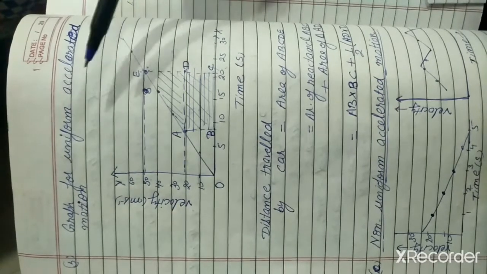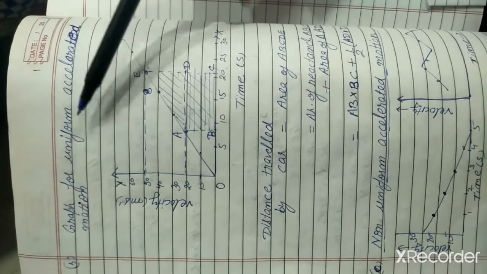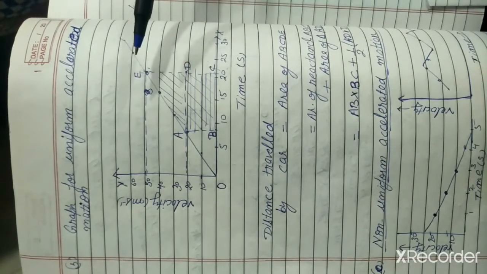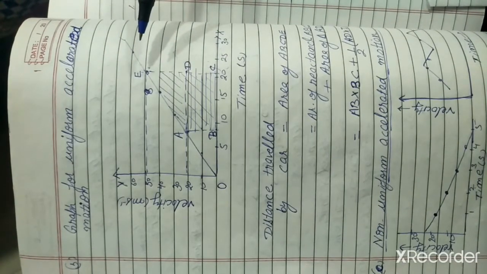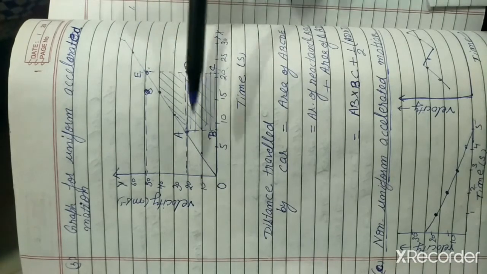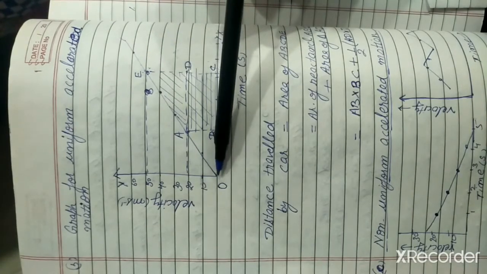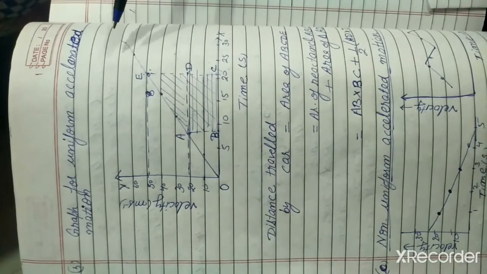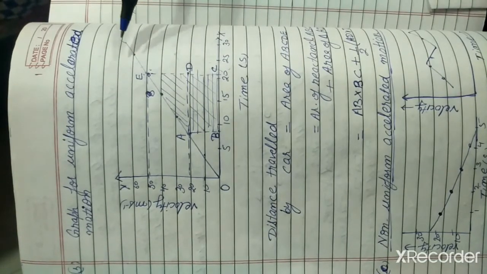Now see the graph for uniformly accelerated motion. If a body is moving with uniform acceleration, then we get a slope from the origin, right? In this case, again we have to calculate the area under the graph.